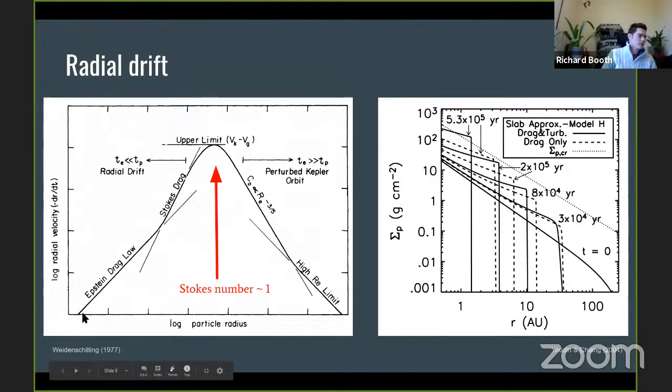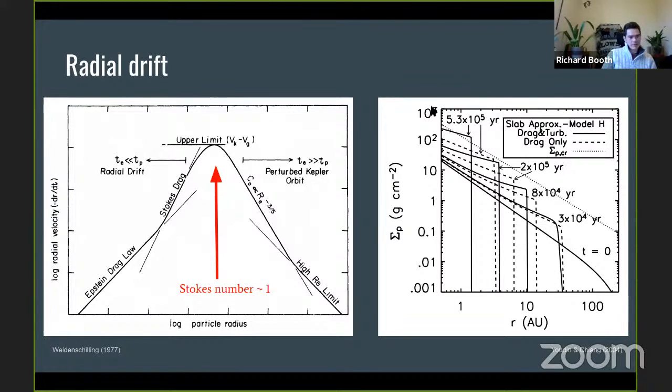So at small sizes, the radial drift velocity is increasing up to some maximum size, and then it decreases again. And this peak is at a size around what I call the Stokes number of 1, which is where the stopping time of the drag force is equal to the local Keplerian frequency. So most particles in protoplanetary disks are going to be on this left-hand side, so the bigger particles drift more efficiently, okay?